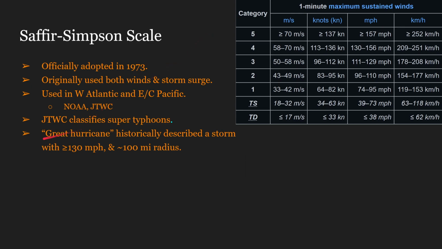Note that we actually see the term Great Hurricane a lot as you go further back in the years, specifically before 1950, when official name lists were finally being used for the hurricane season. And the term Great Hurricane, again, you'll see it a lot before then, is virtually gone now because of names.